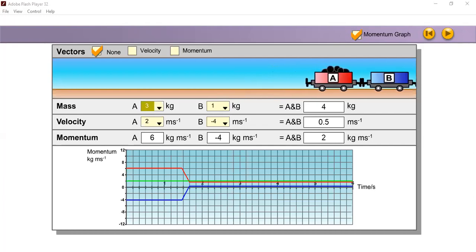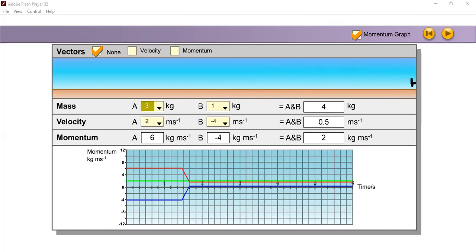That means for A and B, the total momentum after is also 2 kg m s^-1. So is the momentum conserved? Conserved means that before collision and after collision are equal. Is momentum conserved? So it should be yes.